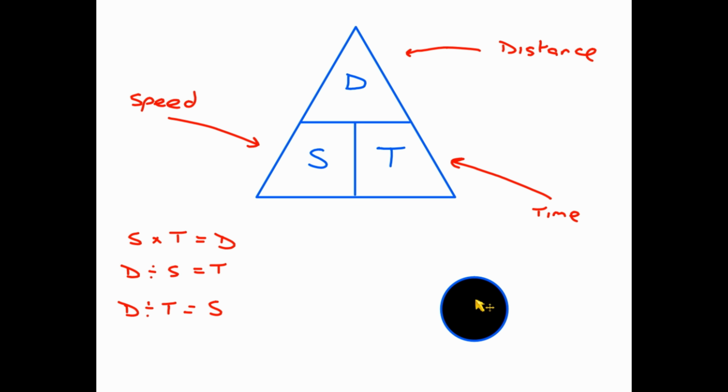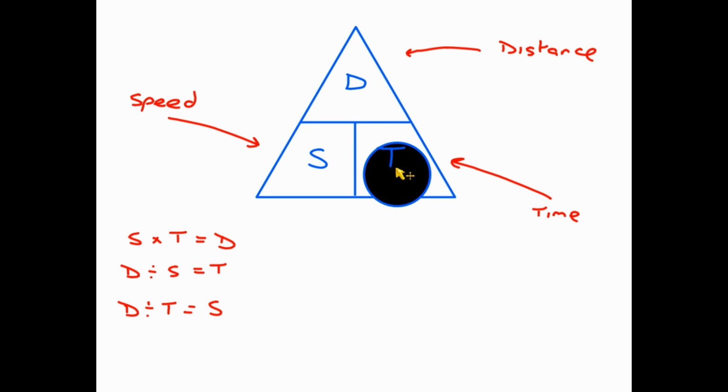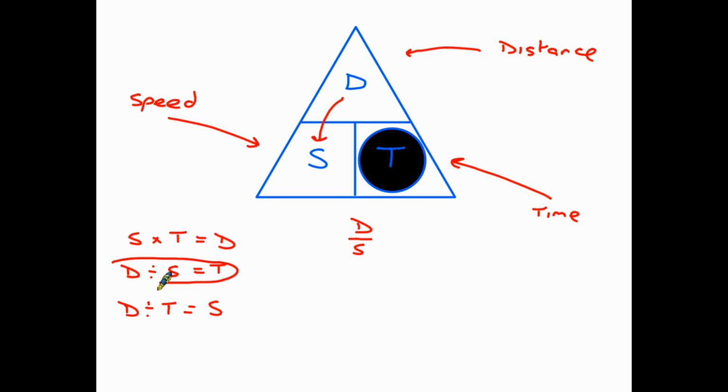If you place your thumb over the unit that you are looking for, in this case the time, your thumb will cover up the T and you are left with D over S. And of course, D over S means distance divided by speed. So D divided by S is time.